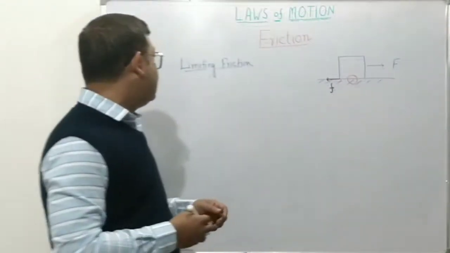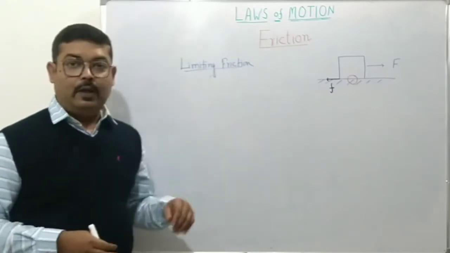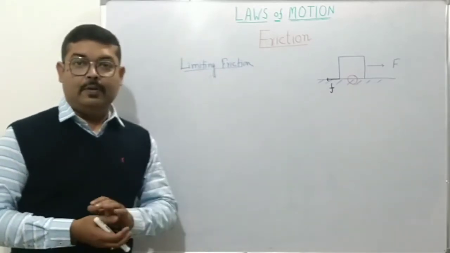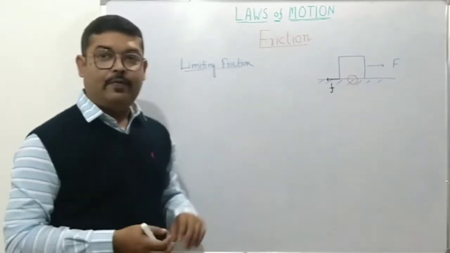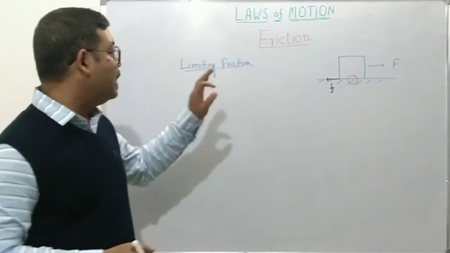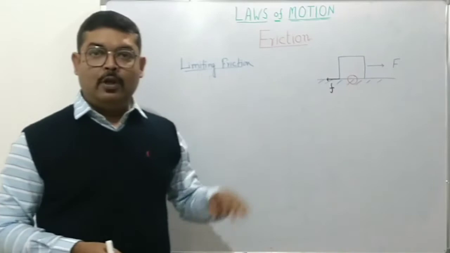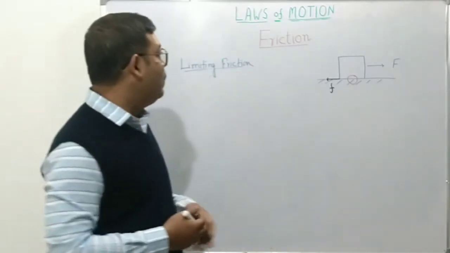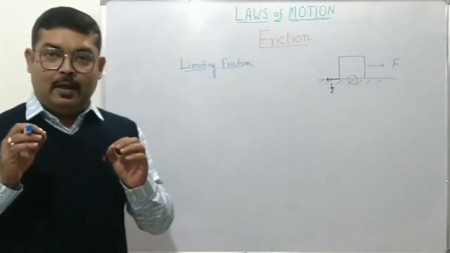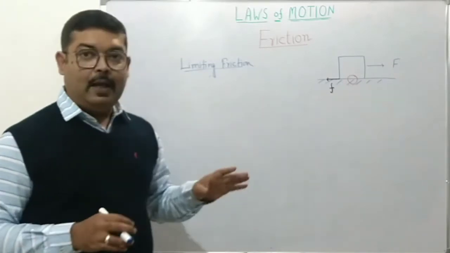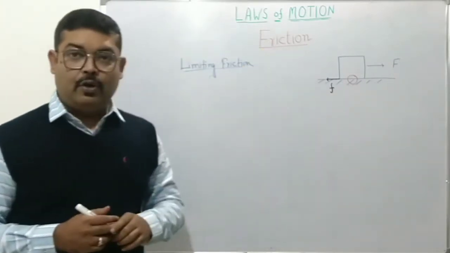Okay, now let's discuss certain laws governing limiting friction, that is, the limiting case of static friction, the maximum value of static friction. Since friction manifests itself as a force, from now onwards we will be using the term friction to imply frictional force or force of friction.